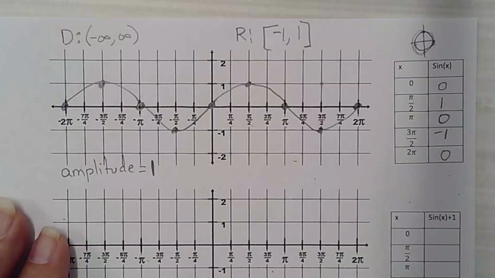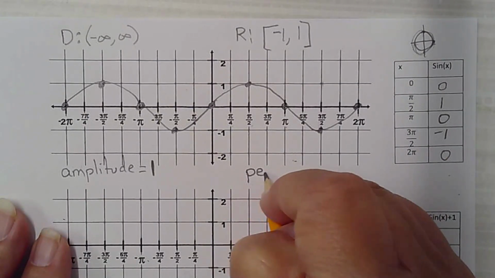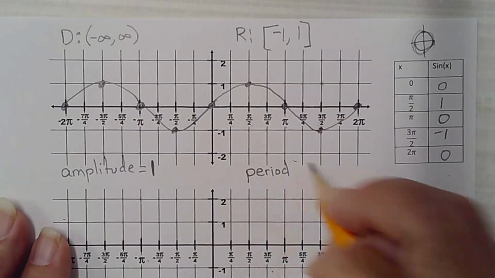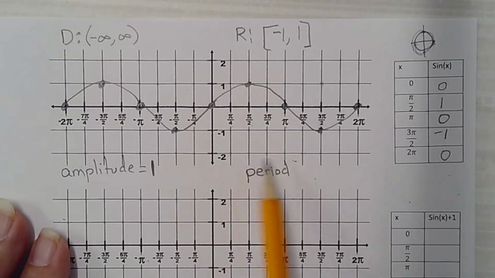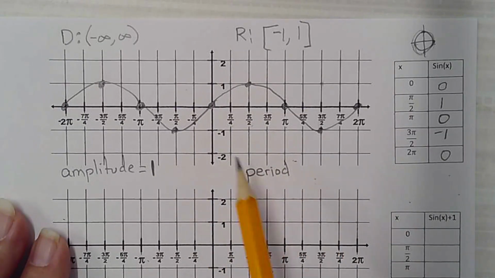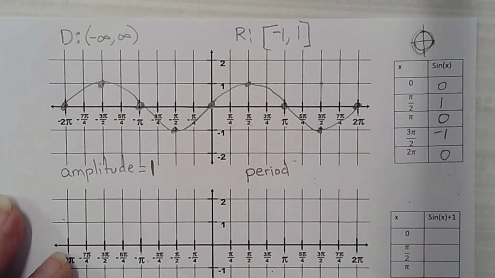The other main thing that we want to look at with sinusoidal functions is the period. The period is a length along the x-axis. How long does it take one wave or one cycle of the function to complete?